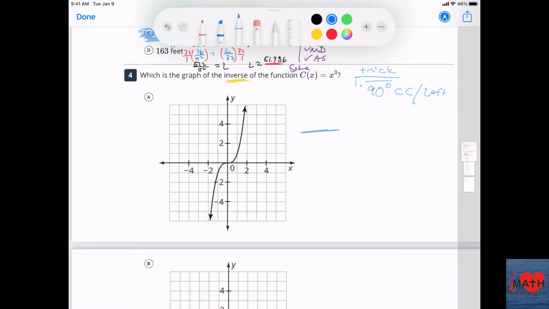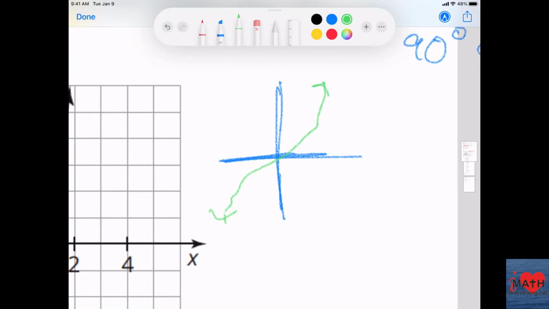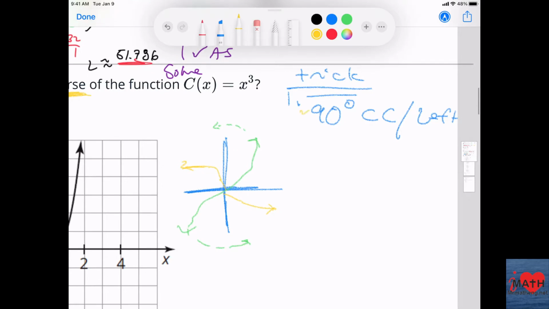So if you take this graph, do it again over here. Here's my graph. And we're going to rotate it this way, left. And so my new graph is going to be over here. Okay, and then the next step is we need to reflect over the y-axis, which means we need to go across.